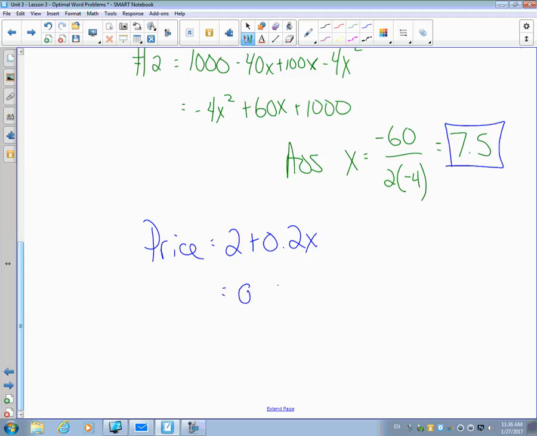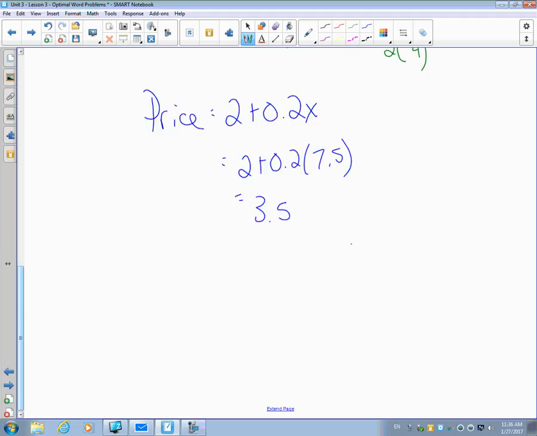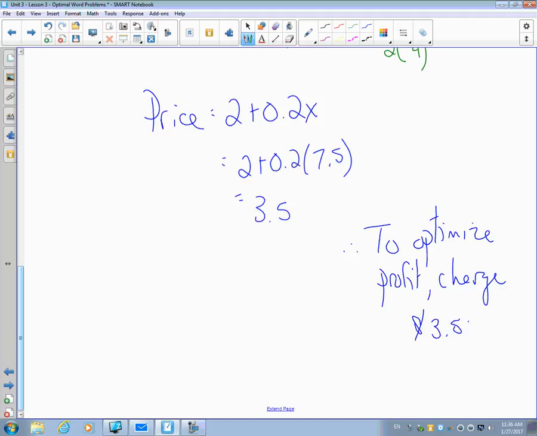So if we do that, we'll get 2 plus 0.2 times 7.5, and we'll get an answer of 3.5, or $3.50. Okay, so to optimize profit or revenue, charge $3.50. Okay, that's a money problem, standard kind of money problem.